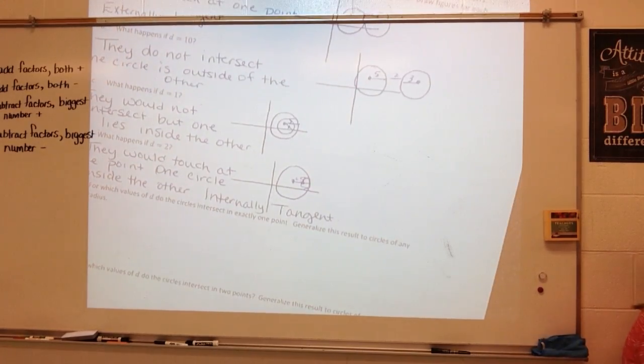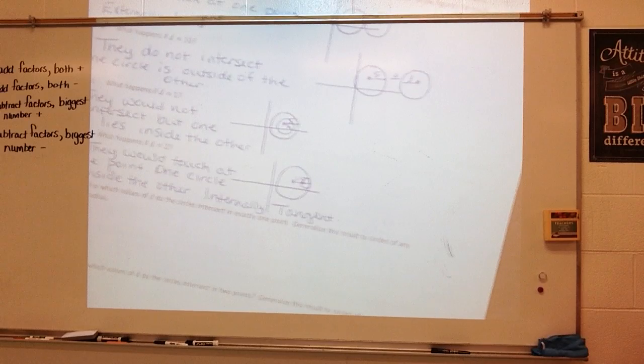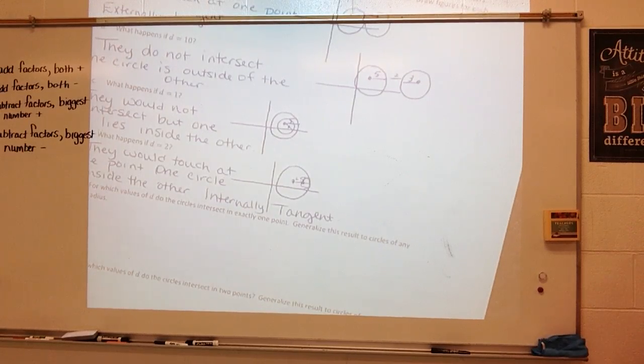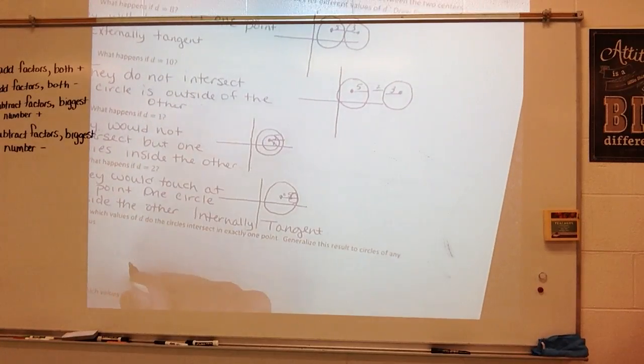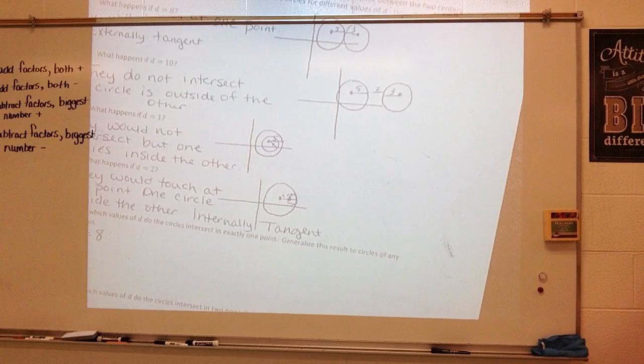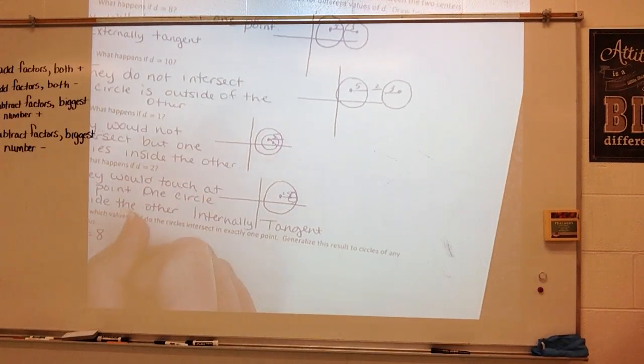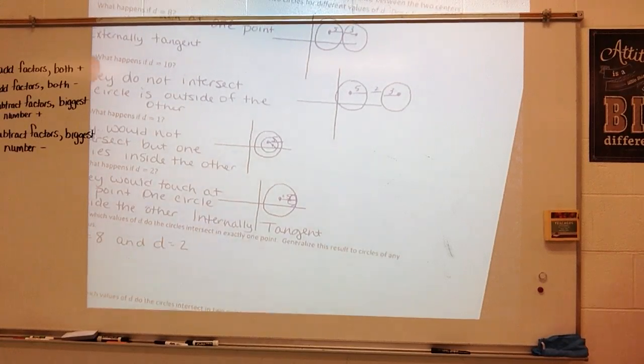For which values of D, excuse me, do the circles intersect in exactly 1 point? Well, that would be D is equal to 8. Alright. And then D is equal to 2. Alright.